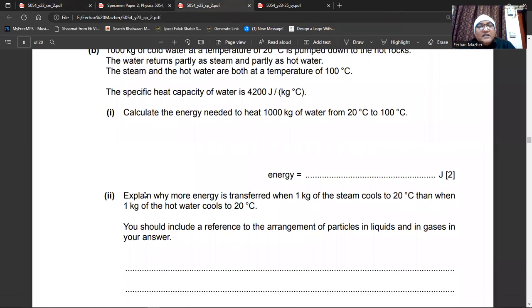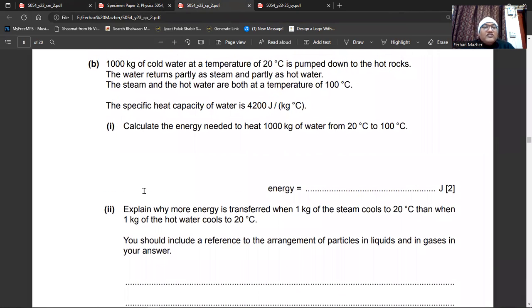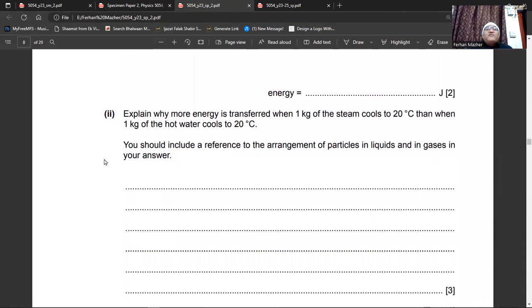Okay, then the question is: why is more energy transferred when 1 kg of steam cools to 20 degrees centigrade than when 1 kg of hot water cools to 20 degrees centigrade? In the case of the steam, first of all the steam will convert into water. First the condensation of the steam will take place, meaning the steam will convert into liquid water, and then the temperature of that liquid water will drop to 20.